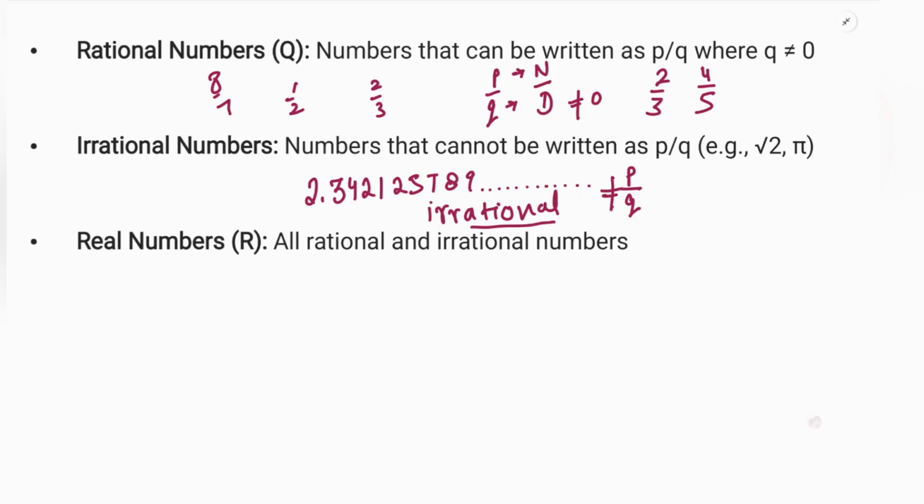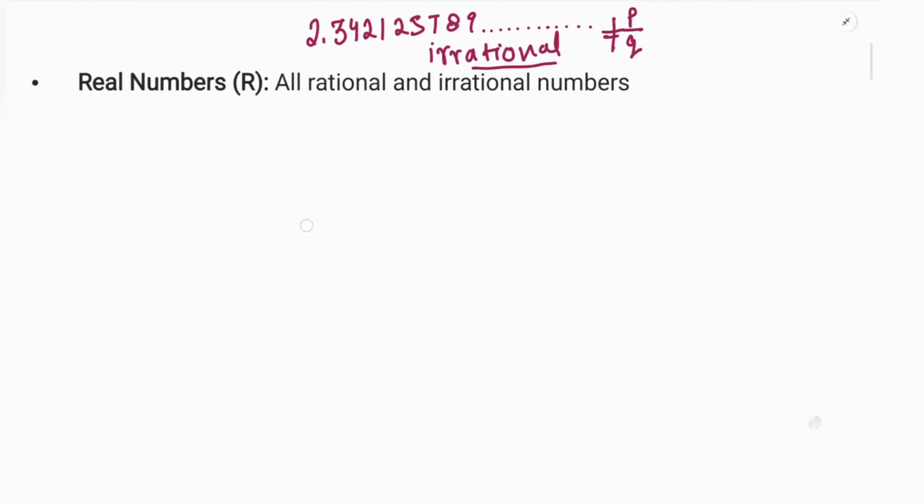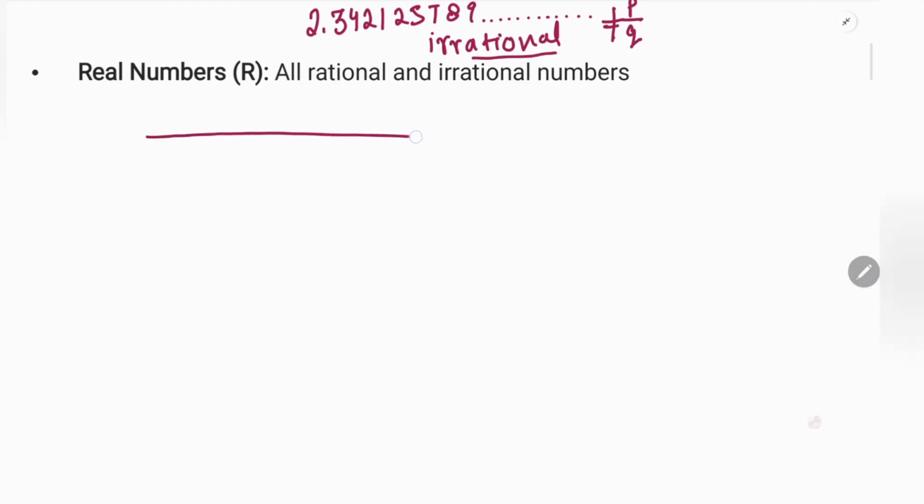Okay. So what are real numbers? Now real numbers, this is a real line. Have you heard about it? I'm putting arrows here because it goes up to infinity, to positive infinity from here, to negative infinity from here. Here we have 0. Then on the right hand side we have positive numbers.